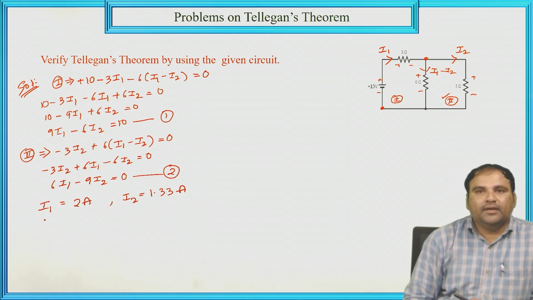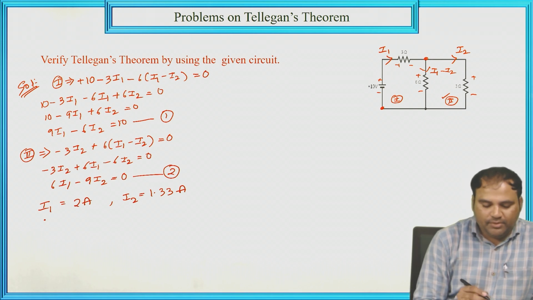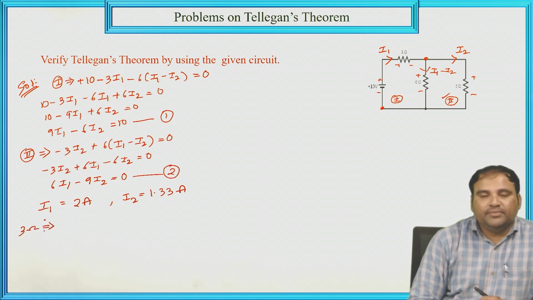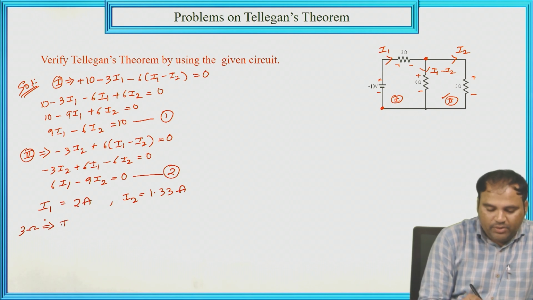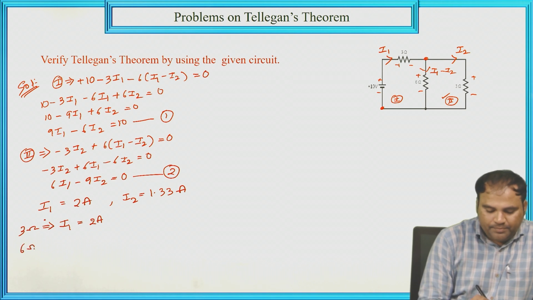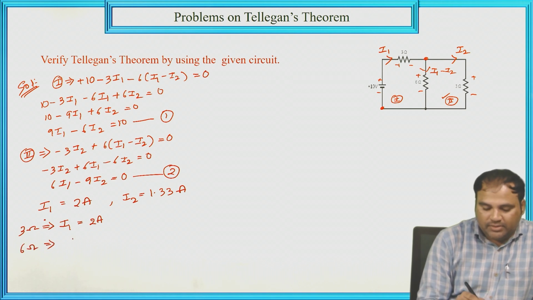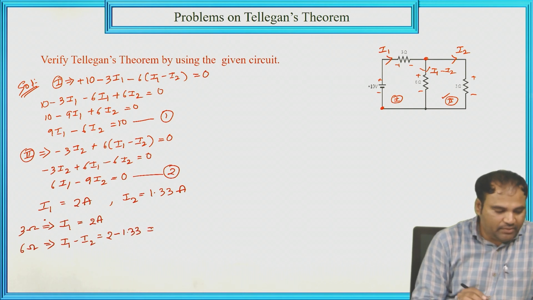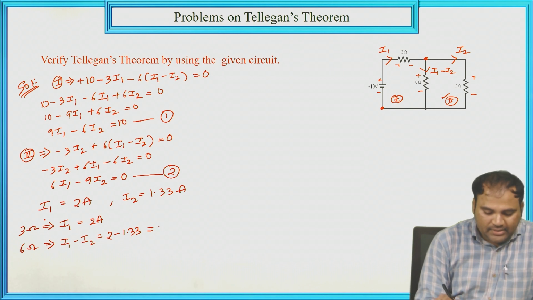Okay, now what about the current? So first we will find out the current values. At 3 ohm, the current value I1 equal to 2 amperes. At 6 ohm, the current value is I1 minus I2, which is 2 minus 1.33, that is equal to 0.667 amperes.